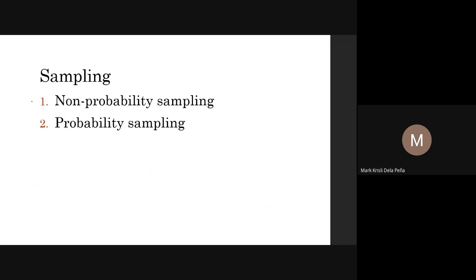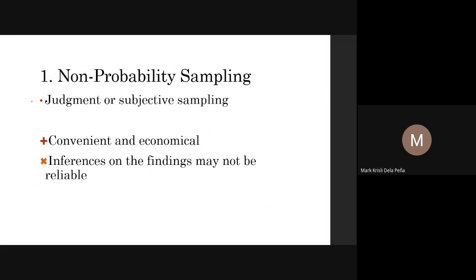And how do we identify the respondents? There are a lot of methods. However, let's start first with non-probability sampling. In non-probability sampling, we use our judgment, or it's actually subjective.